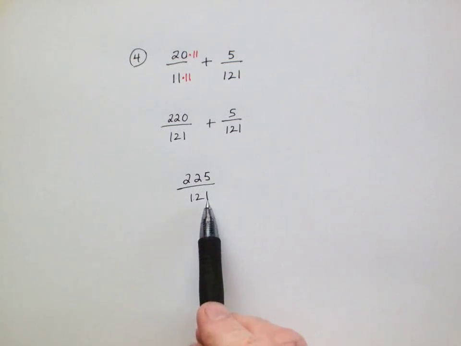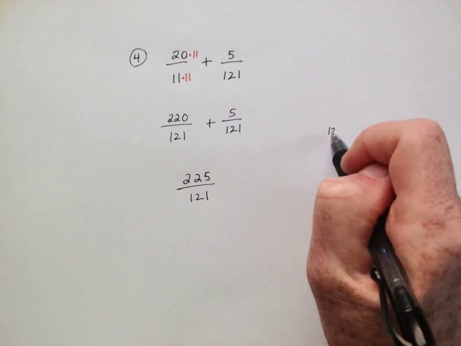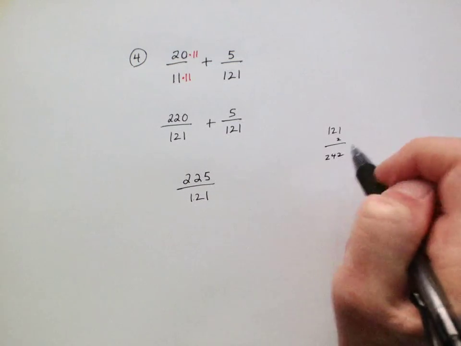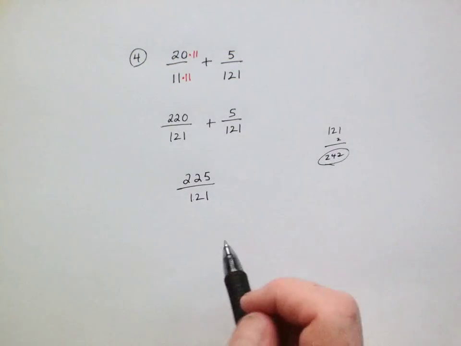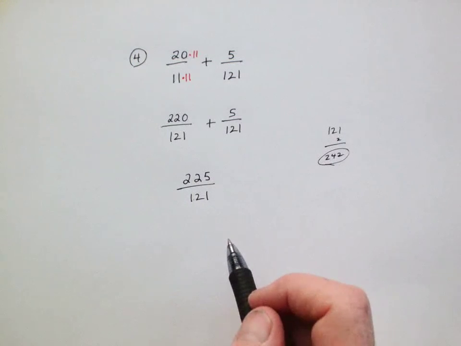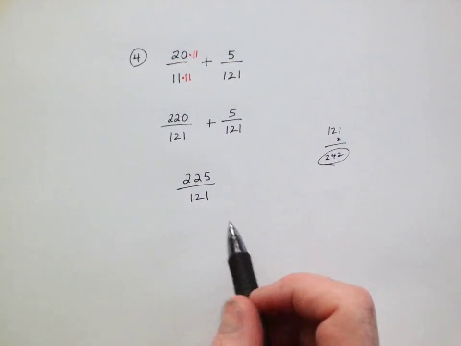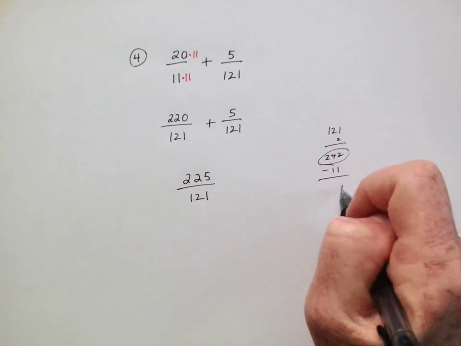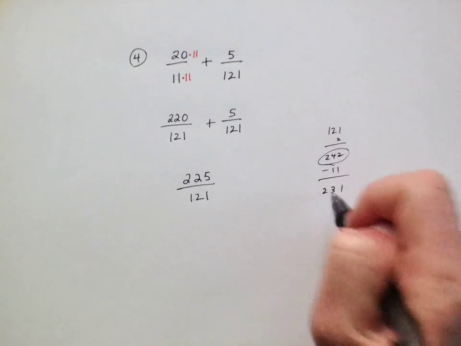So if I took 121 and doubled it, it would be 242. And then this is definitely not equal to 225. And if I were to subtract 11 from this, it would be 231.